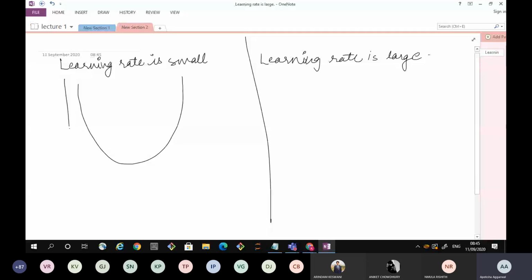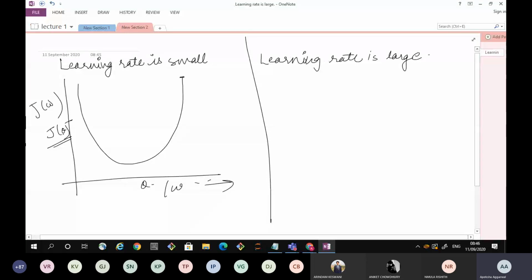This is the function that I had, this is theta and this is J(theta), or J(w). If I'm here, it should move in little steps over here, then up to here, then here, and so on. If my learning rate is extremely small, it will take so much time to reach the optima.